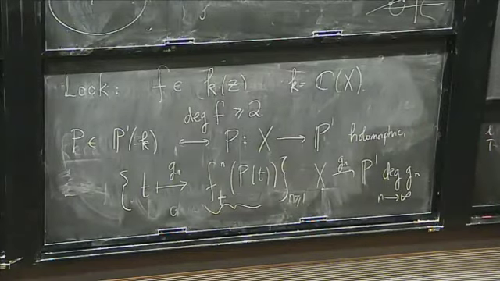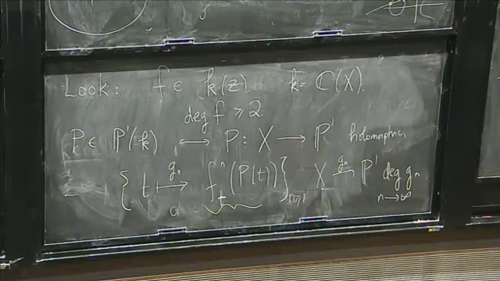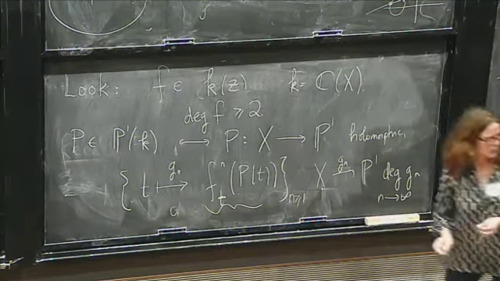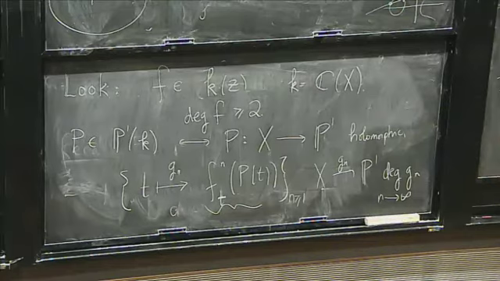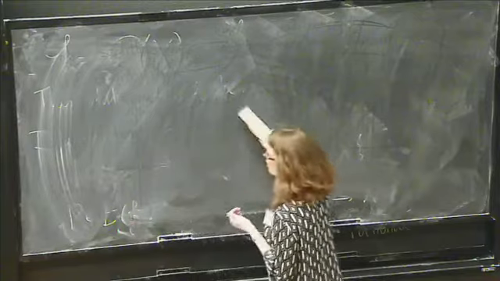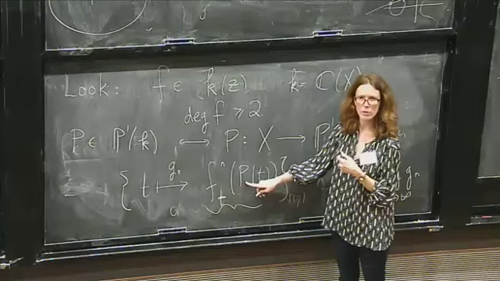Let me spend a moment putting this in a dynamical context. I haven't really said anything new, but in a dynamical context, it's a very common thing to look at this sequence of functions when P is a critical point.